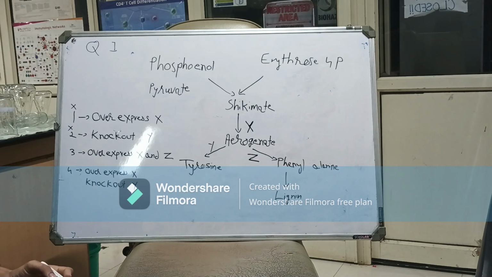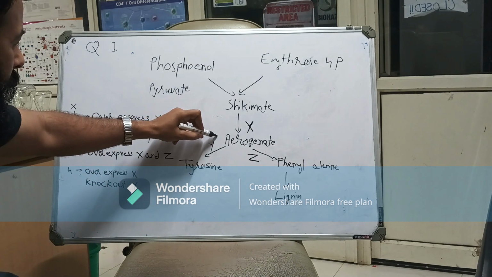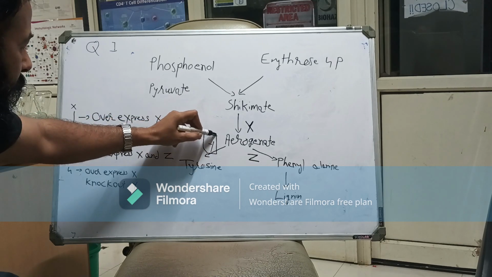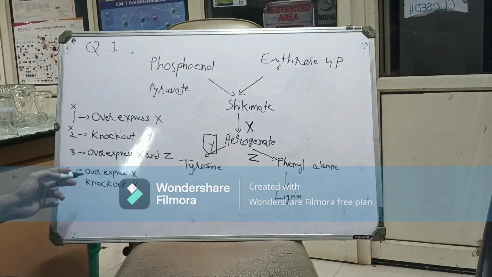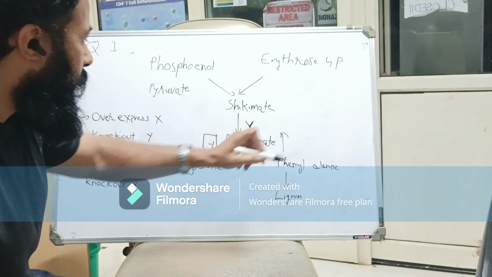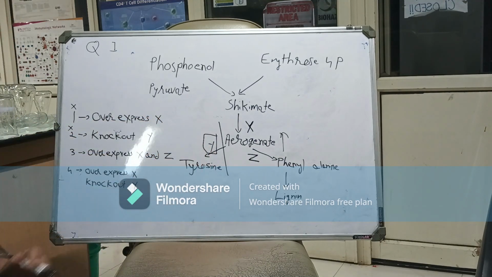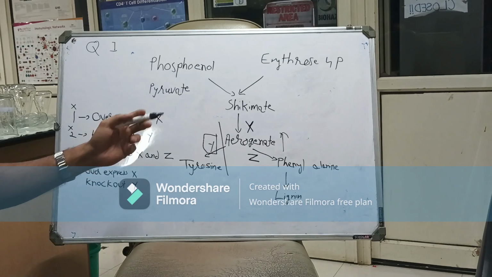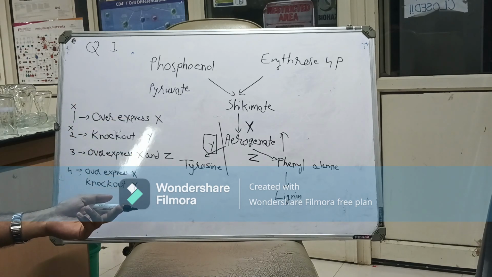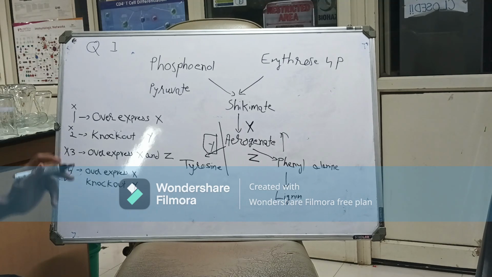So the only option for maximizing lignin production is inhibiting Y and overexpressing X. Then there is extra intermediate compound, but there is no other pathway for it to go to. So in this case we'll get the maximum amount of lignin. So the correct answer will be option 4.